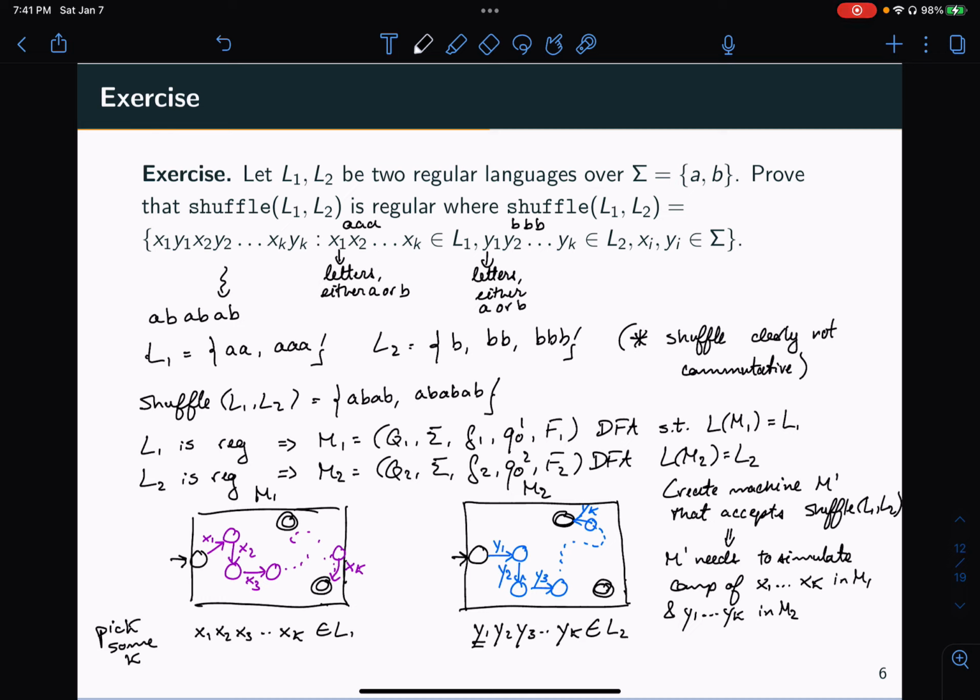But the only thing that's a bit different is that we need to do this at the same time, interleaving the computation step of M1 with the computation step of M2, in other words, interleaving the transitions of each machine.